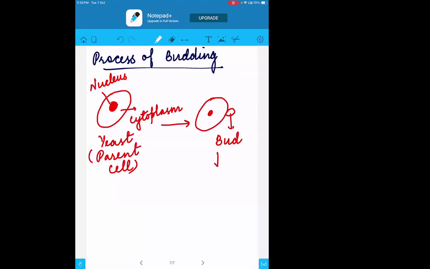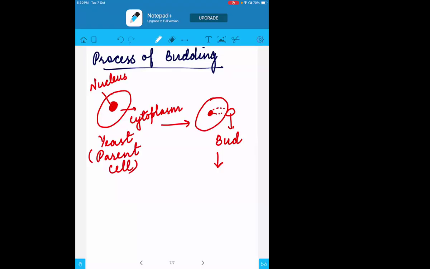Then what happens? Once the bud is formed, the nucleus will start going towards the bud. It means the parent and the bud will fight for the nucleus. Imagine you are fighting with your sister or brother for a rubber band.